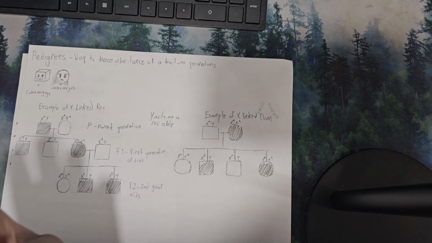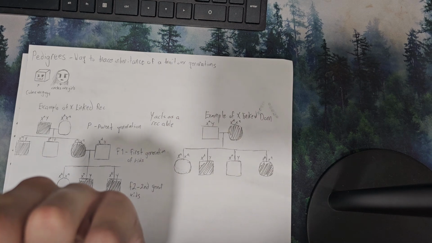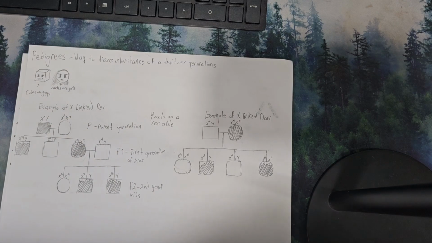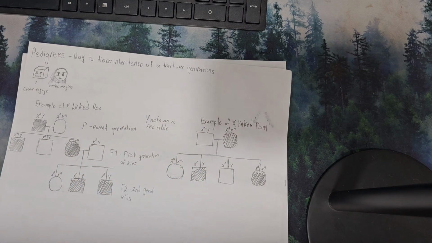So that means that it is not based off sex. A sex chromosome is just your X or Y. If you do not have an X or Y chromosome that's being focused on, then it is an autosome.